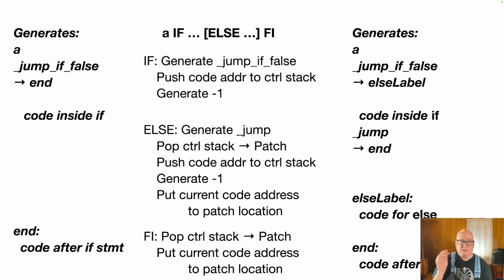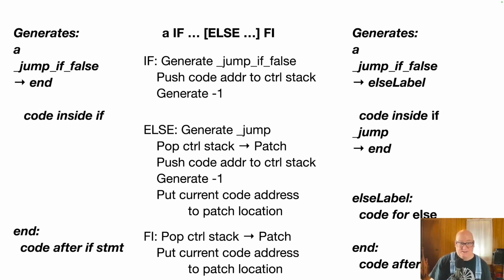Okay, so this is just if. I didn't really do the else case. Oh, it's on the right. Okay. So if you just have if and then the end, I'm using phi because that's an old Algol kind of abbreviation. So it's if backwards.